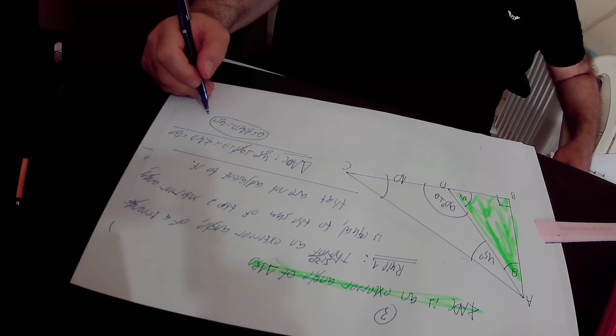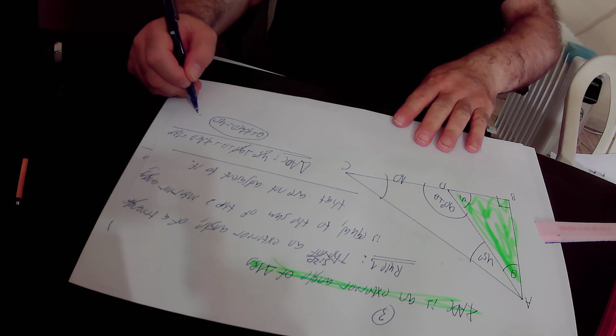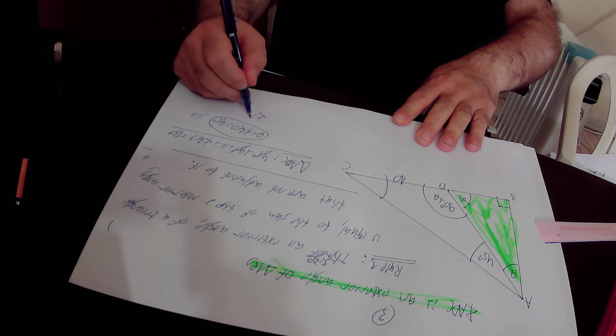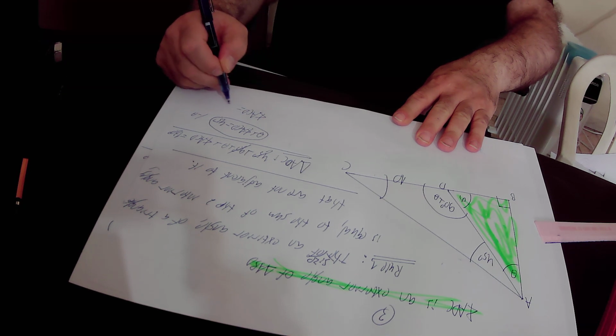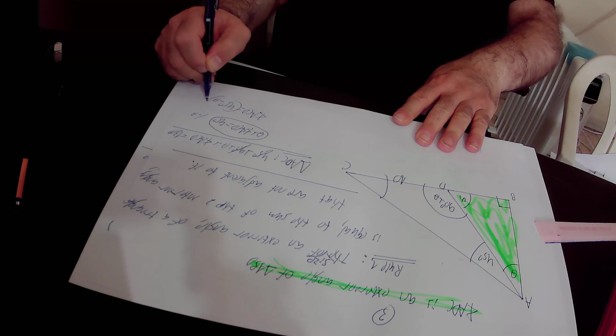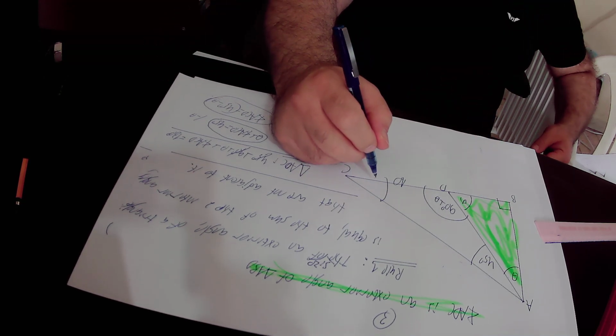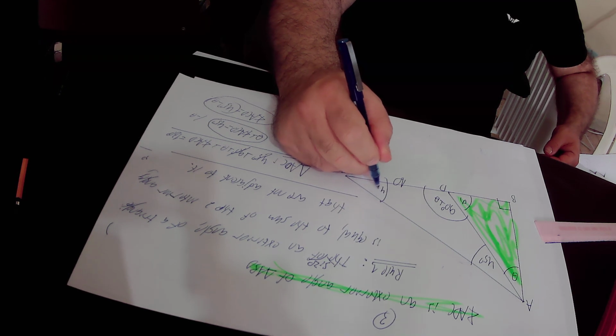Here we subtract theta from this equation, and we get that the missing angle, angle ACD, is equal to 45 degrees minus theta. So we found out that the missing angle, this angle, angle ACD, equals 45 degrees minus theta.